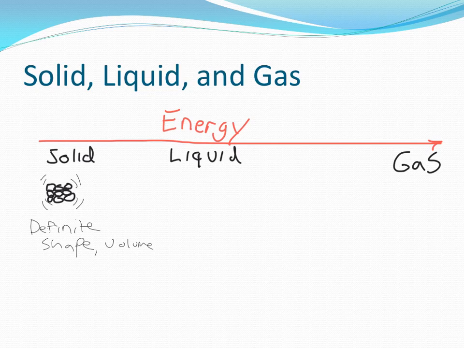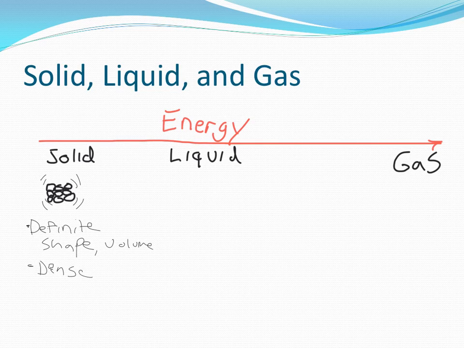There's not a lot of space in between the atoms, so therefore you can't really compress them very much. Now we'll go into more detail later about crystalline structure and amorphous structure. Other things we can say about solids at this point are they're very dense, meaning the amount of mass per volume is great because it doesn't take up much space.